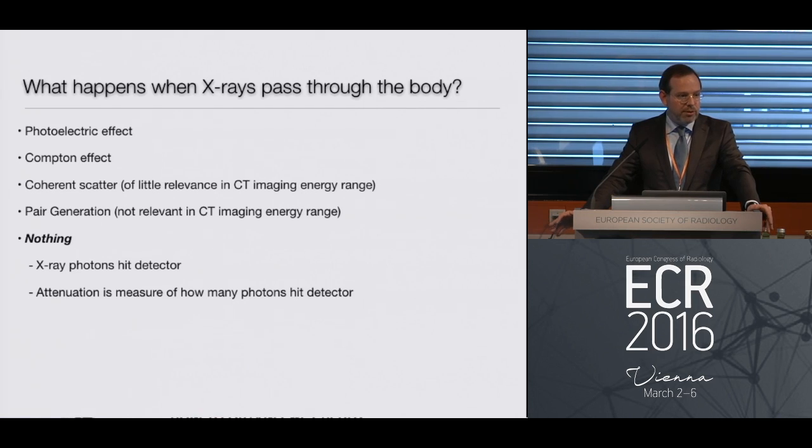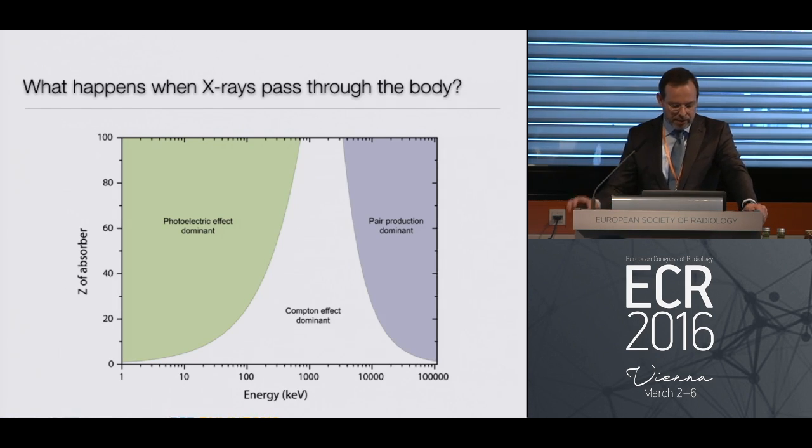And there are X-rays that don't interact with the patient, and they go on towards the detector. These are the X-ray photons that hit the detector. Attenuation is basically a measure of how many X-rays reach the detector in relation to the photons that were emitted in the tube. Everybody knows that, I guess.